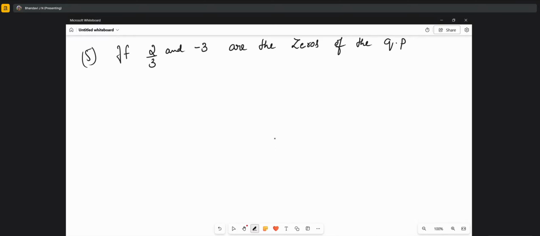This is an easy question. Try this. If 2 by 3 and minus 3 are the zeros of the quadratic polynomial ax square plus 7x plus b, find the values of a and b.